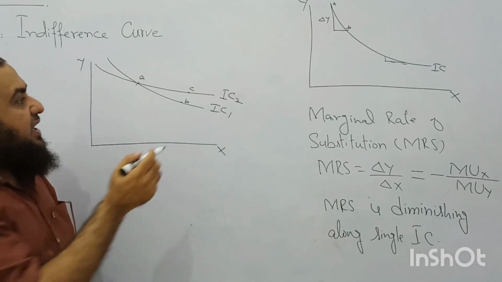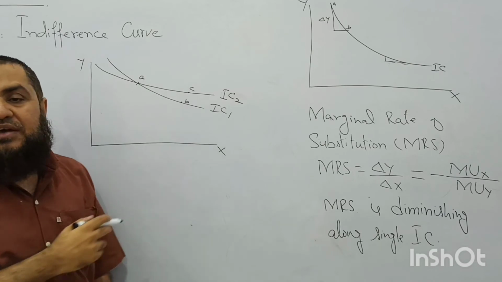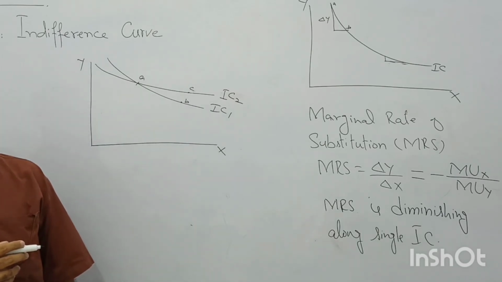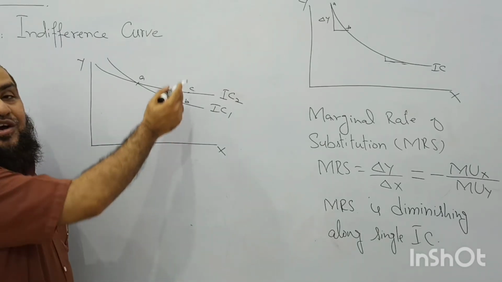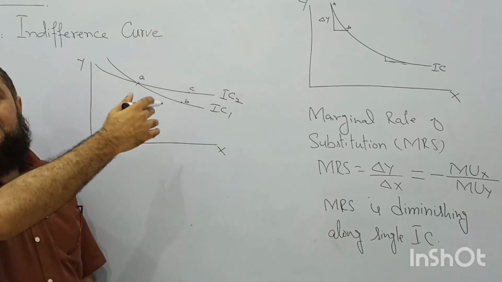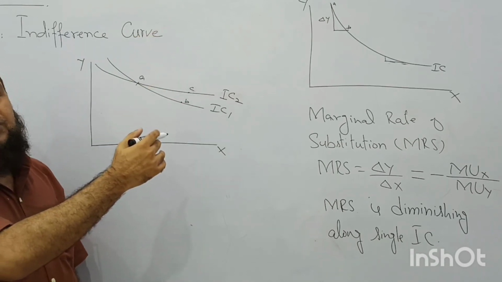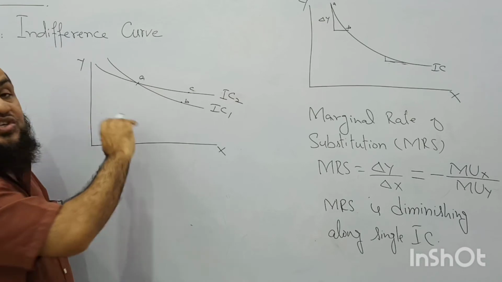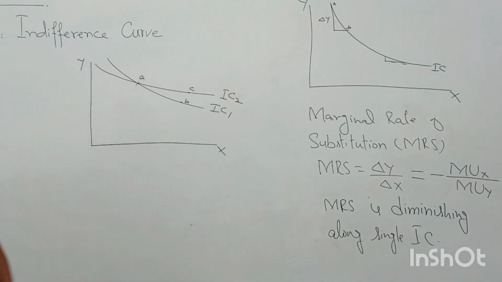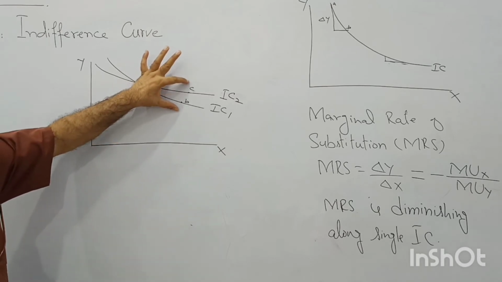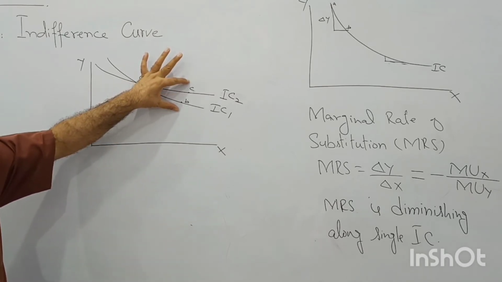So can we say B and C are also having the same level of total satisfaction? No, because they are lying along two separate indifference curves. Therefore, we say this intersection of indifference curves is not possible. The two indifference curves do not cross with each other, because it does not happen that these points are having the same level of satisfaction.